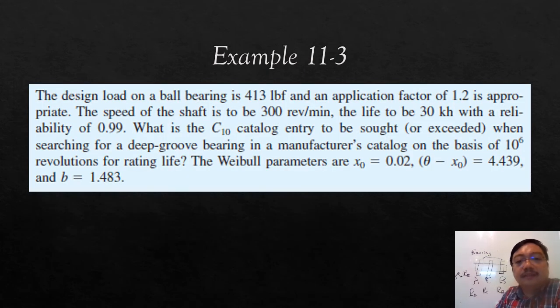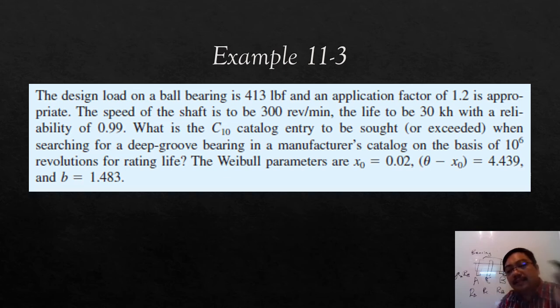Okay, and then this example, 11.3, design load for a ball bearing, you can read. What is the C10 catalog entry to be sought when searching for a deep groove bearing in the manufacturer's catalog? Given the Weibull parameters x0 is 0.02, theta is 4.49, and b is 1.483.